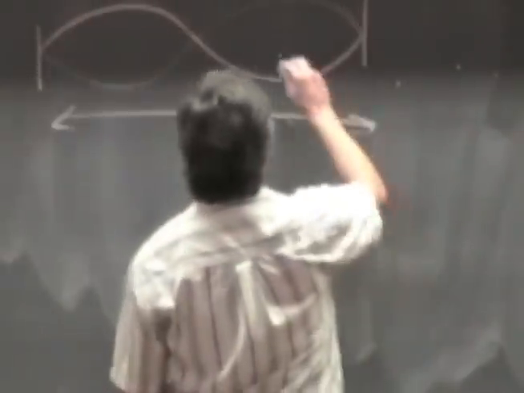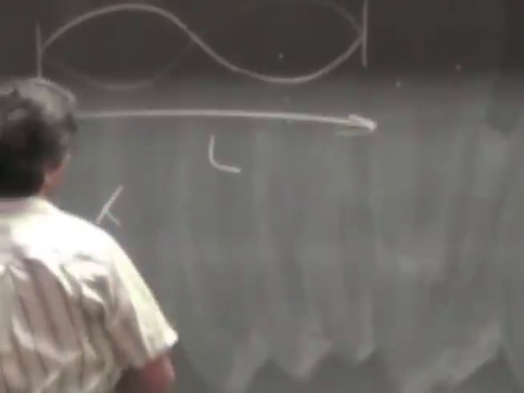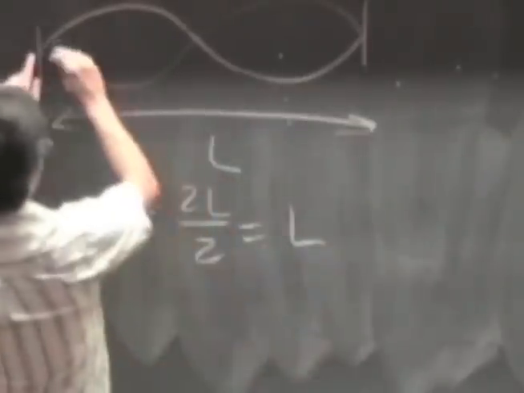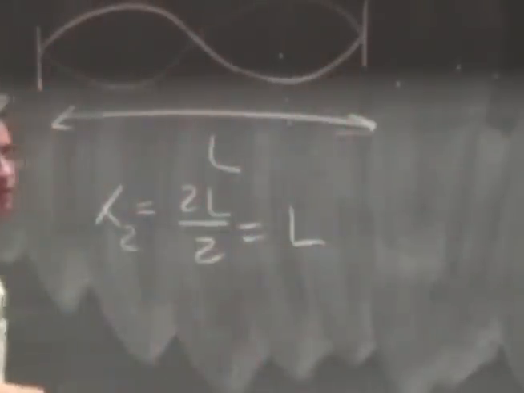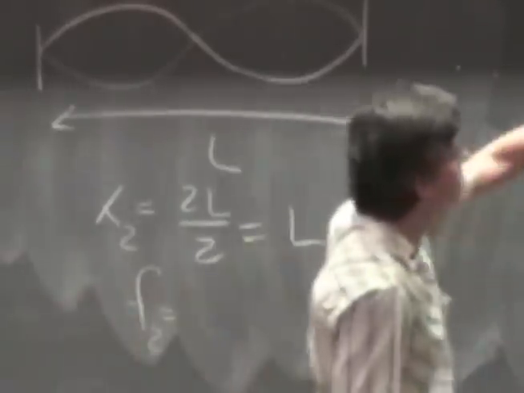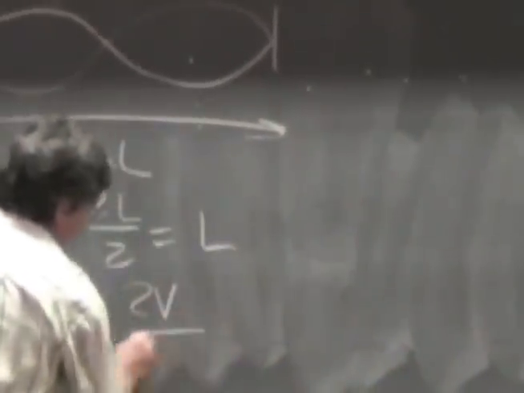So that's L. So you have 2 of them. So we're talking about n equal 2. And the wavelength corresponding to that mode is 2L divided by 2, which is equal to L. That's one complete wavelength that you can fit there. And the frequency corresponding to that, f2, put in number 2 in that equation. n is equal to 2. So that's 2v divided by 2L. And that's v over L.